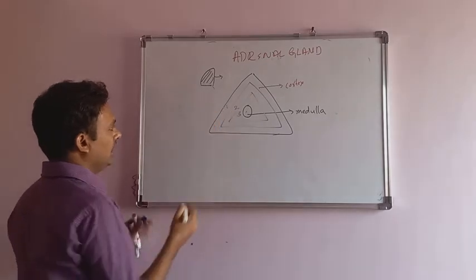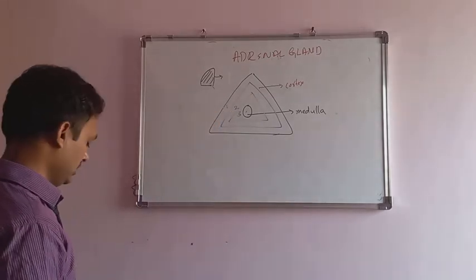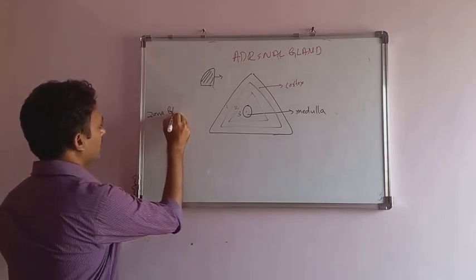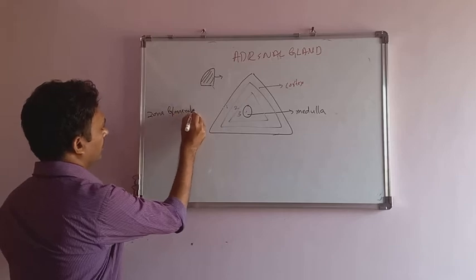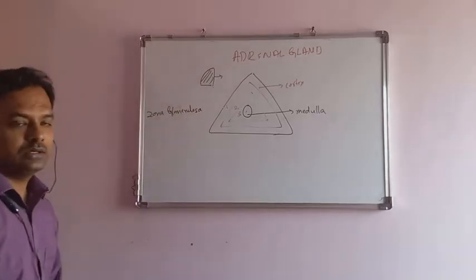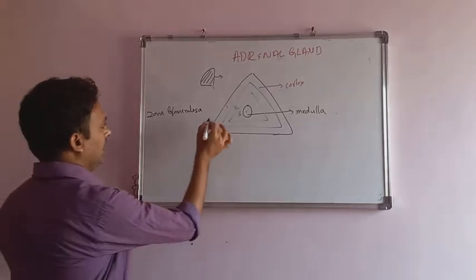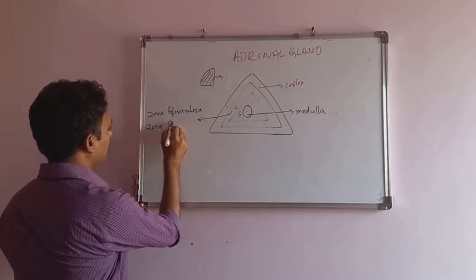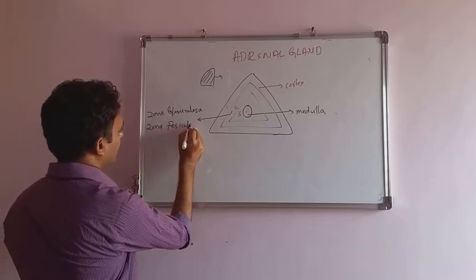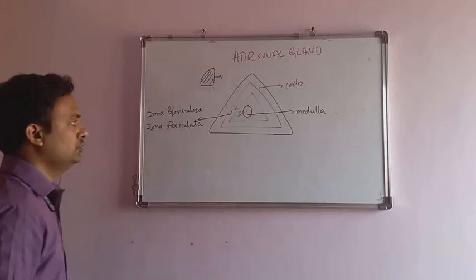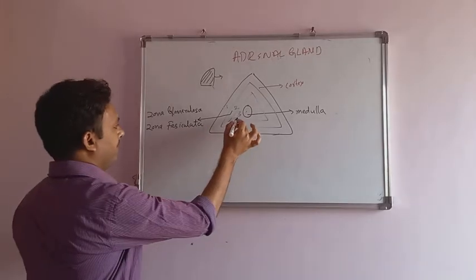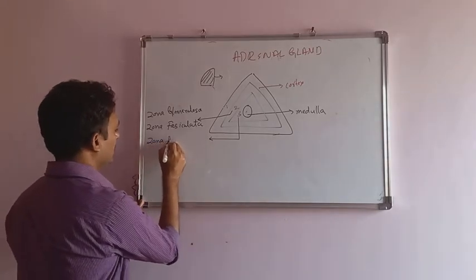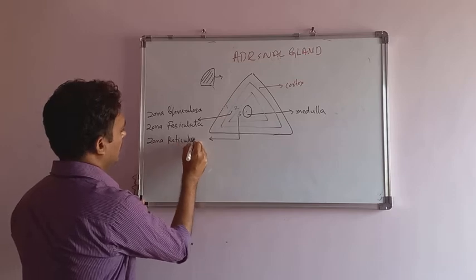First portion is called zona glomerulosa, second is called zona fasciculata, and third portion is called zona reticularis.